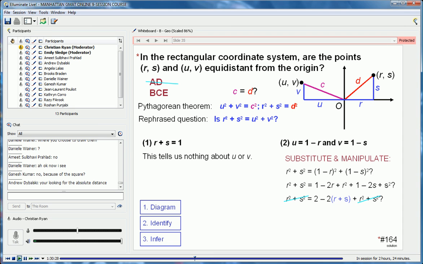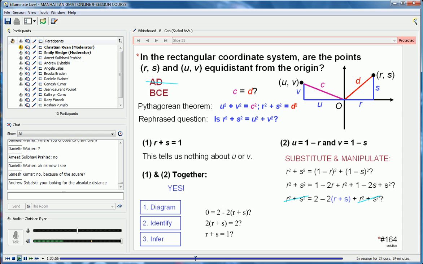Or we can actually rephrase this further. 0 equals 2 minus 2(r plus s), question mark. Does that equal 2? Does r plus s equal 1?